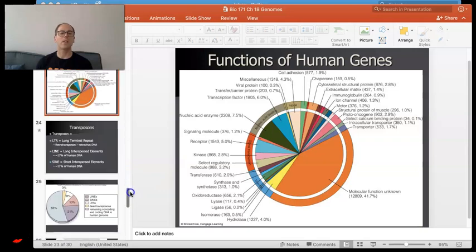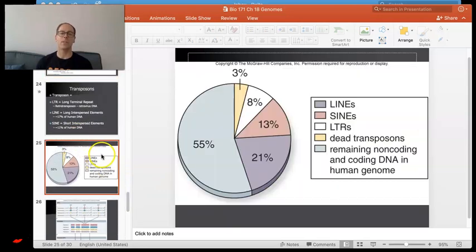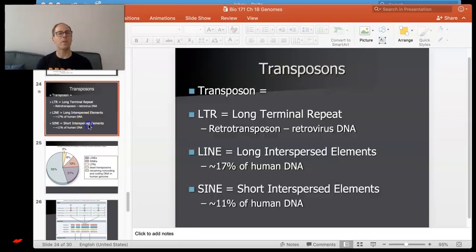Now, I talked in the last video about transposons. These are things called jumping genes, or portions of DNA that can rearrange themselves. Transposons, by the way, some of them actually arose from viruses. We categorize the transposons based on how big they are and what kind of repeats they have.